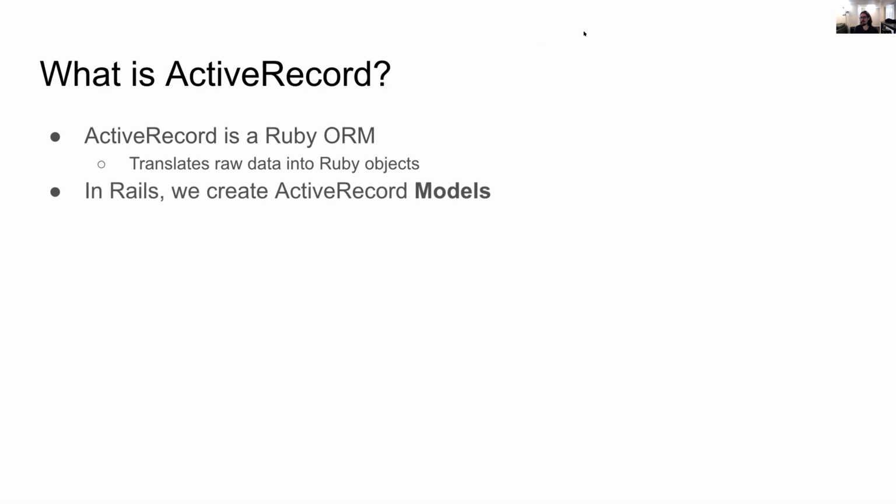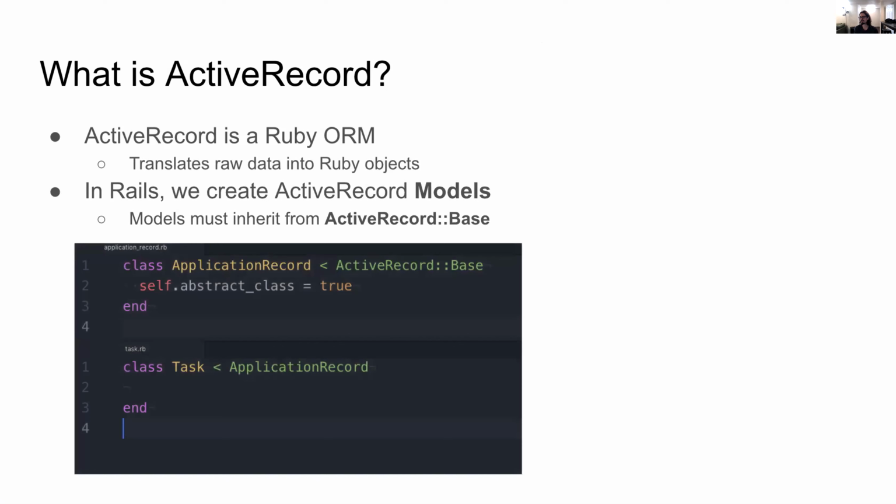So in Rails, how do we do this? We create Active Record models. These models inherit from ActiveRecord::Base, and this is a code snippet of what this looks like. We don't have a model inheriting directly from ActiveRecord::Base. We actually have an ApplicationRecord inheriting from ActiveRecord::Base, and then we have a model, our Task model, inheriting from that ApplicationRecord.